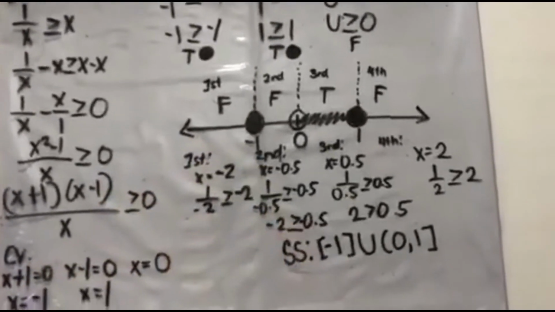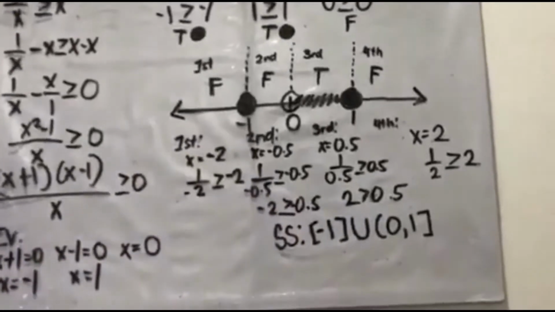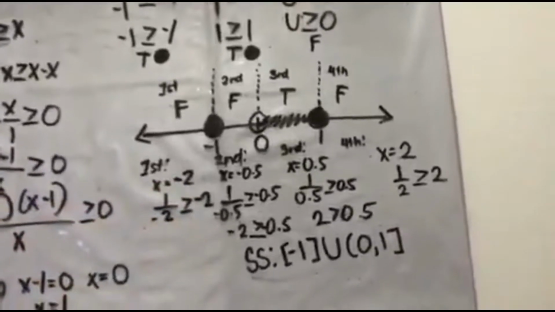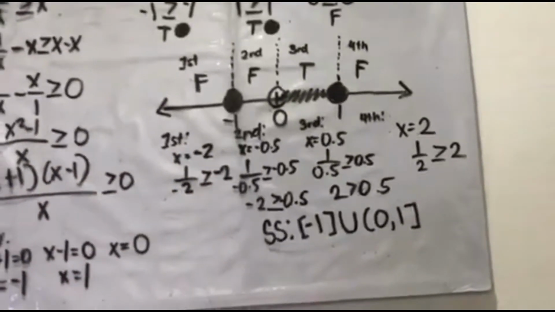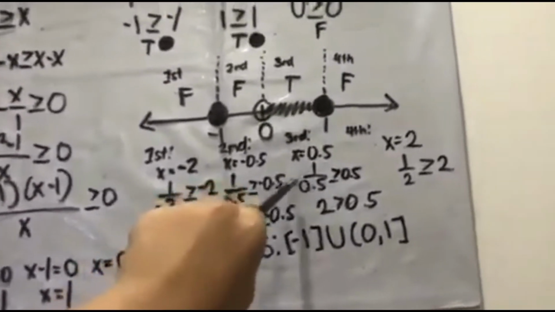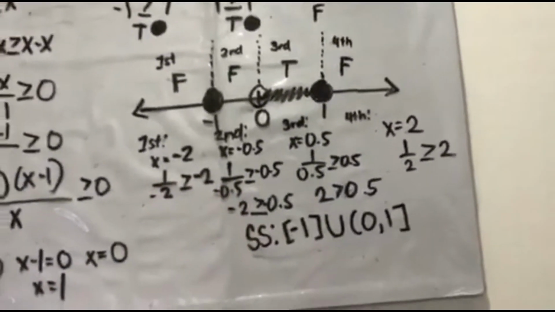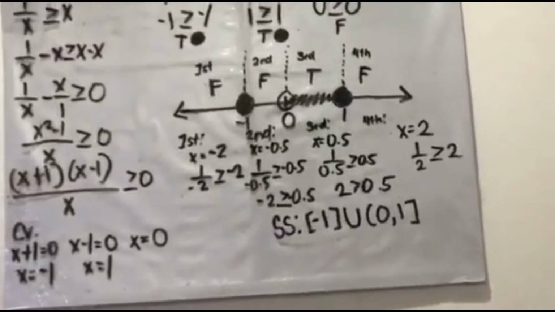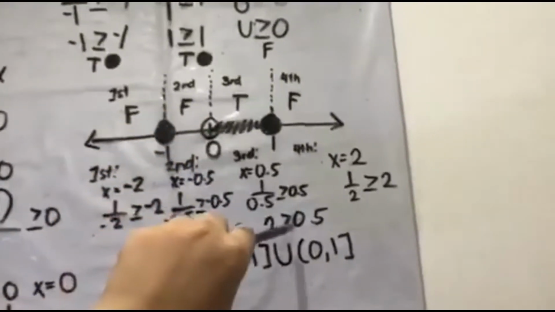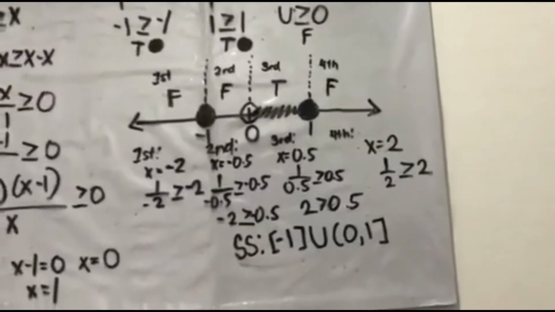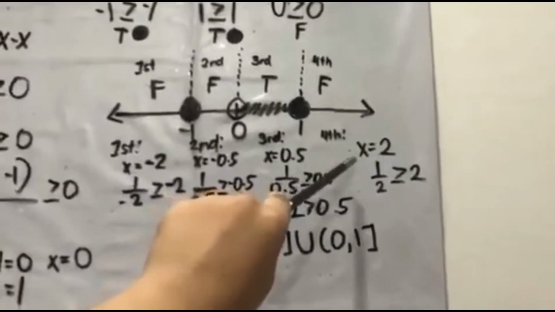Doon tayo sa third, ang kinuha namin dyan is 0.5. So, substitute lang ulit. 1 over 0.5 is greater than or equals to 0.5. Ang sagot dito is 2. So, 2 is greater than or equals to 0.5 is true. Then, doon naman sa fourth interval is 2 yung kinuha namin.